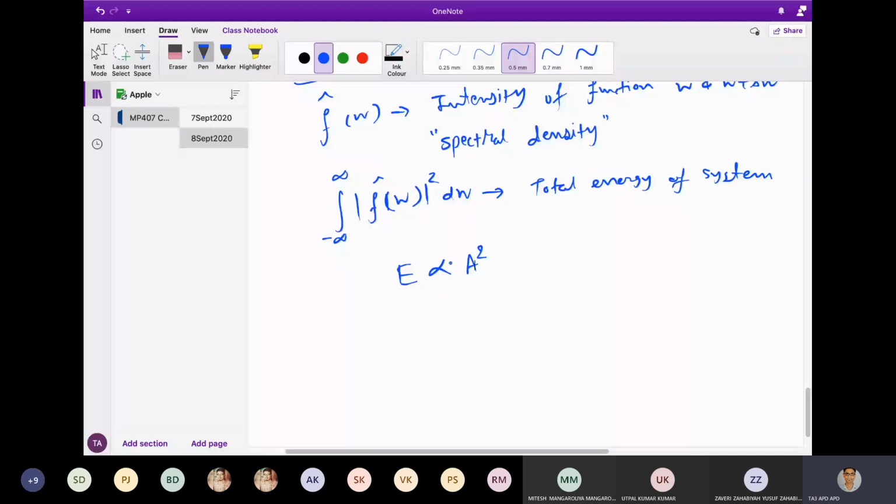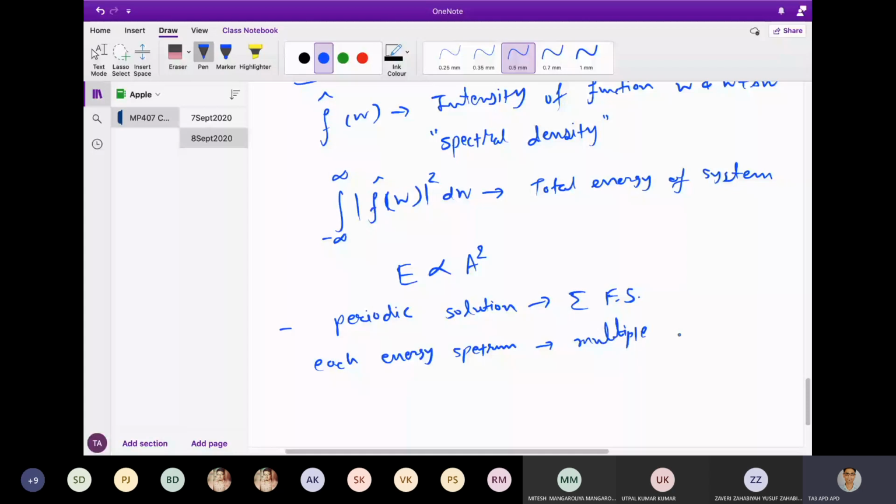And if your system has a periodic solution, like the way we have in the Fourier series, where we see the terms A1, A2, A3, A4, B1, B2, B3, like that in the segments, then each energy spectrum will have a multiple of squares of amplitude.